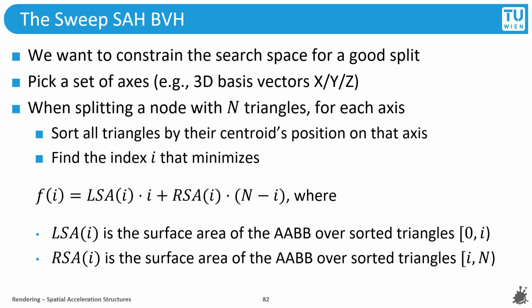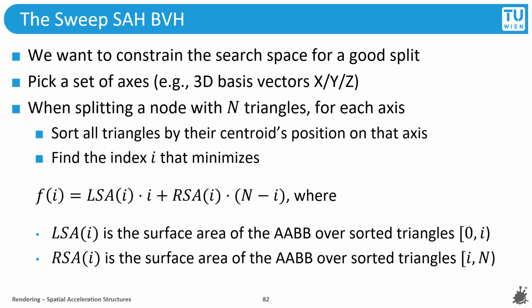And here LSA of i is the surface area of the AABB over the sorted triangles in your list from index 0 to excluding index i. And RSA is the surface area of the AABB over the sorted triangles in your list from index i to excluding index n.